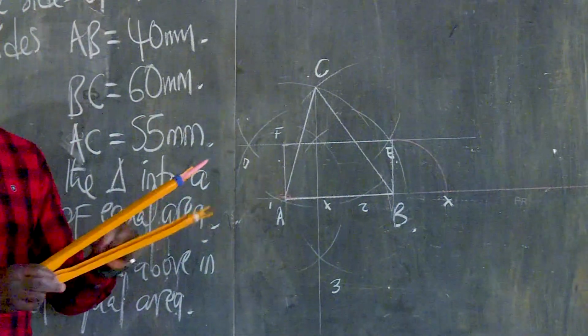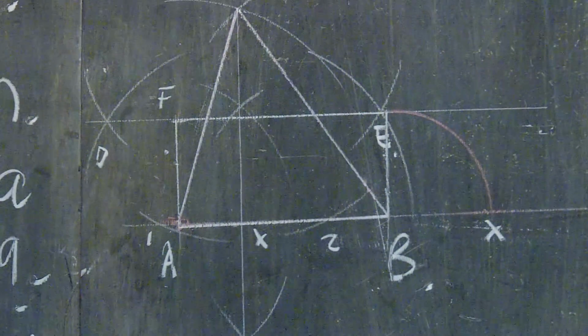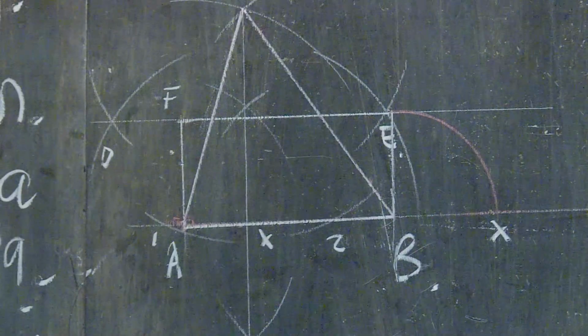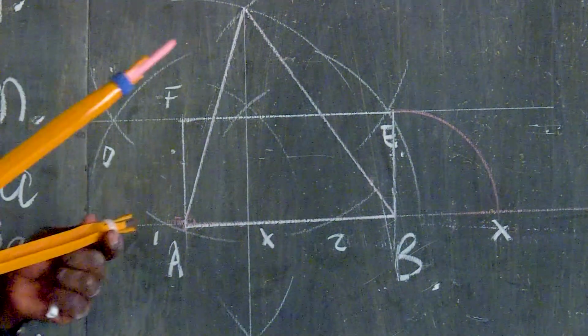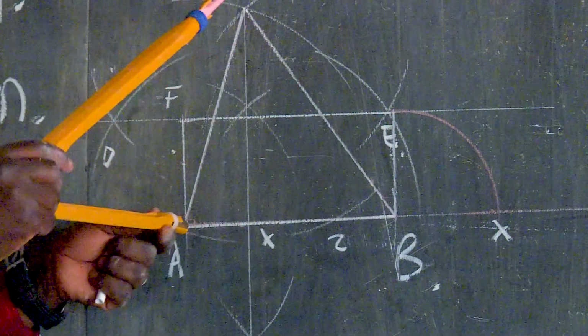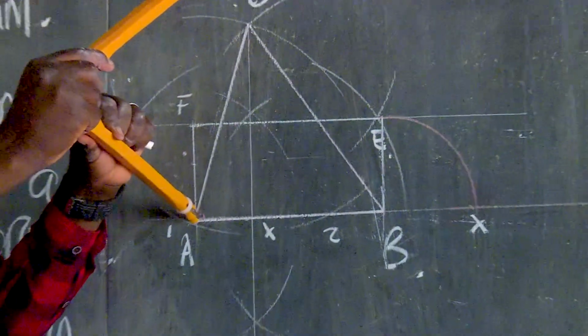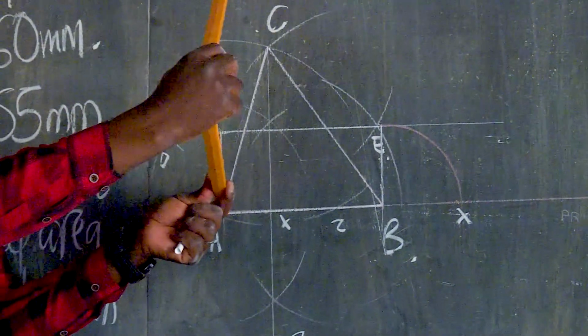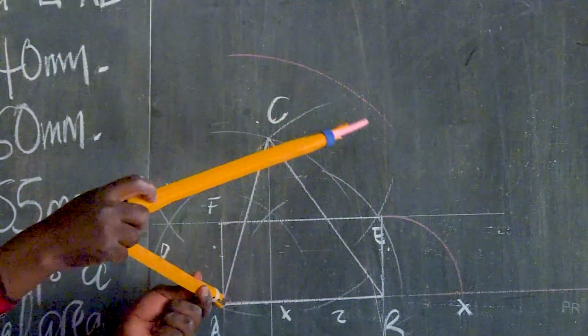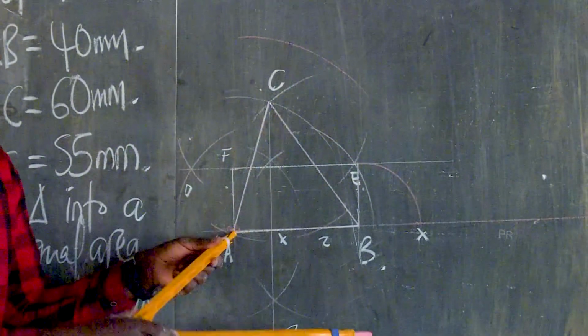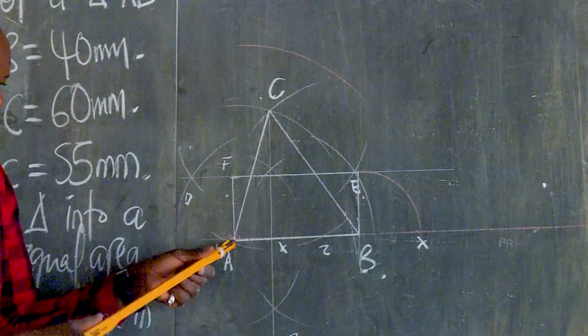So this is what we do. We open the compass more than half the distance AX. Then you stand here. I'll draw it a little bit up so that there is no confusion. So I'll strike my arc like that. Are we together? Yes, sir. And also down there like that.